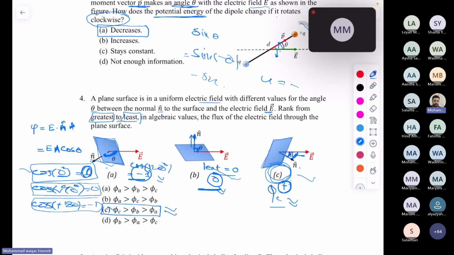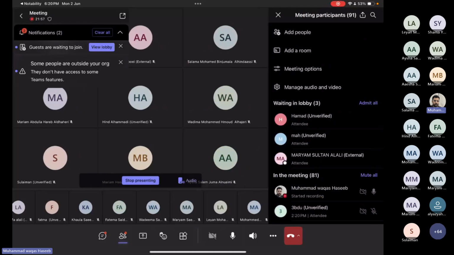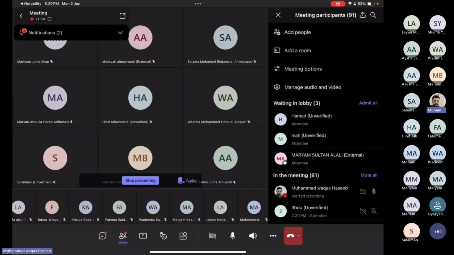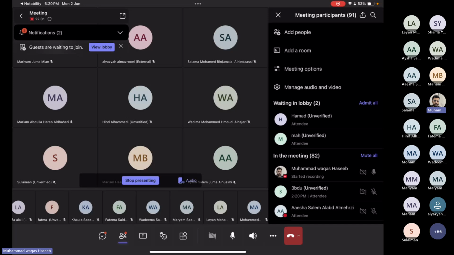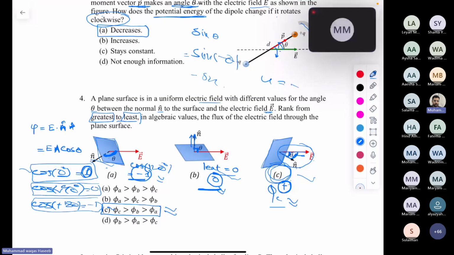So if you get a similar kind of question, identify the electric field vector and normal vector. If they are close to each other, then it has maximum flux, and if they are perpendicular, then zero, and so forth.